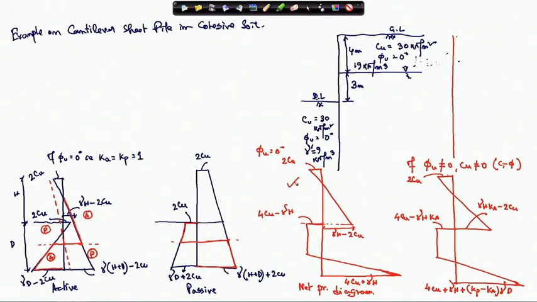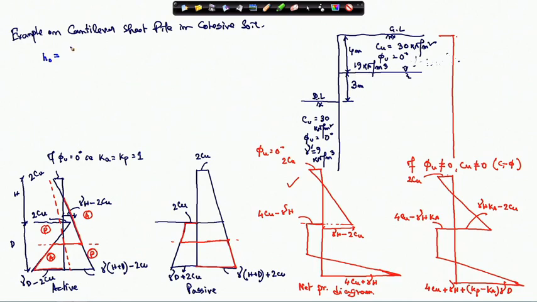Okay. So, now in our case, first we will draw this diagram, and first we calculate the value of H0, the no stress condition. So, what is the value of H0? That means the no tension crack depth.